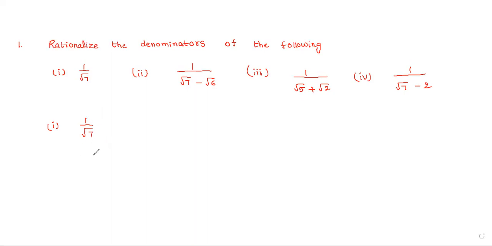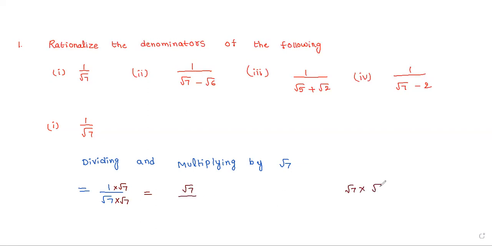Dividing and multiplying by root 7, both numerator and denominator are multiplied by root 7. So root 7 by root 7 into root 7, root 7 whole square. The two roots cancel, that is the value 7. Root 7 by 7, that is the value. Okay, write down.